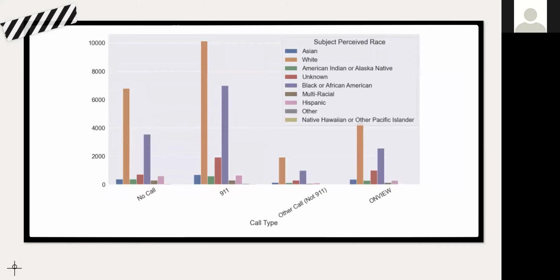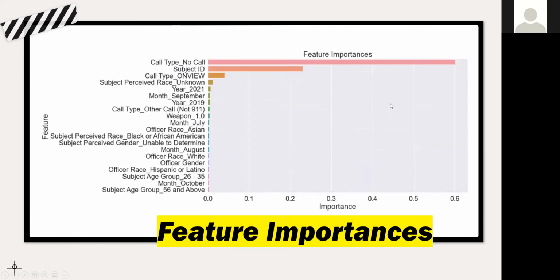But what we see here when we break down these call types by the race of the subject is that the distribution of the subject race in each of these groups is fairly similar, which to me indicates that once a stop has been made, the subject's race is not particularly useful in determining whether or not action will take place. And that sort of bore out in just looking at the feature importances.